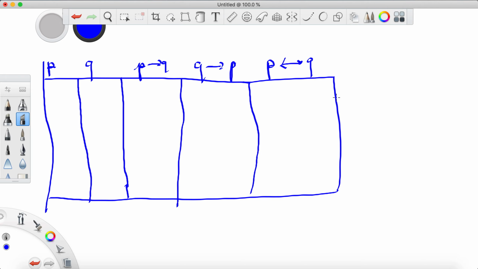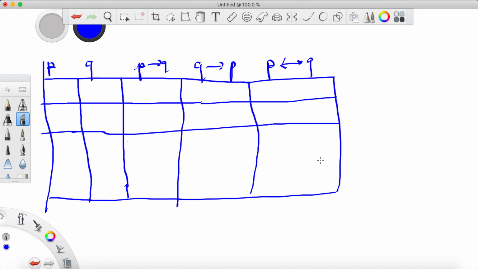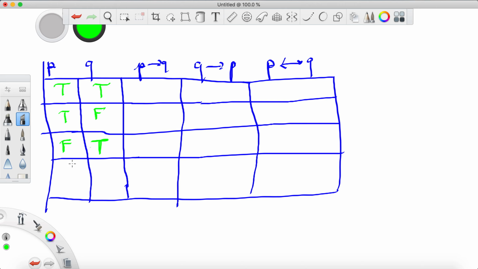Okay, so there are two variables, so there should be 4 rows. Let's go through here and assign some values. So true, true, true, false, false, true, and false, false. Good. Now I'm going to make the intermediates red.